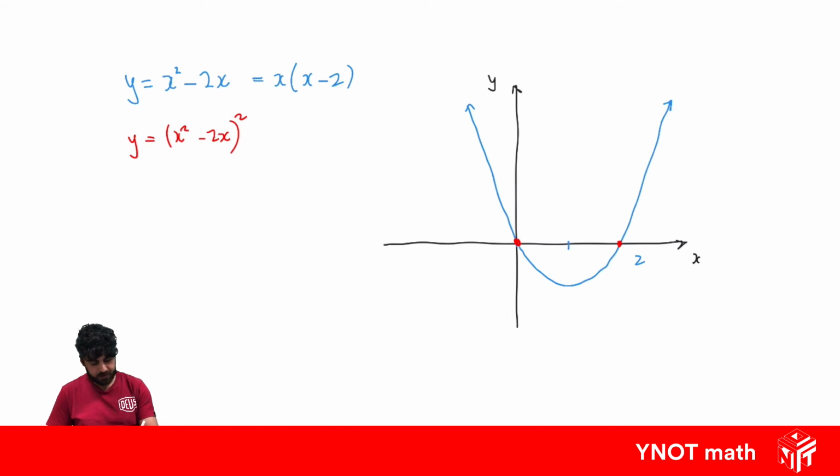We actually have our vertex here at x equals 1, and we can get the y value. So we just sub in x equals 1 and we get 1 squared minus 2, which is minus 1.